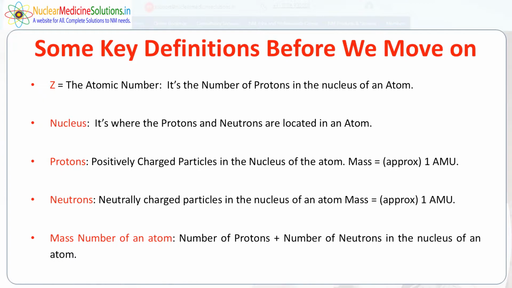The number of protons and the number of neutrons in the nucleus is called the mass number. Now we have defined what the atomic number is, what the mass number is, and what the different types of particles are, like proton, neutron, electron, and that proton and neutron both combine to make a nucleus.